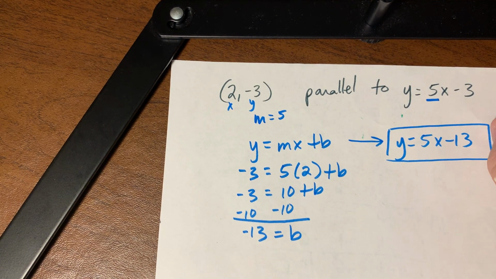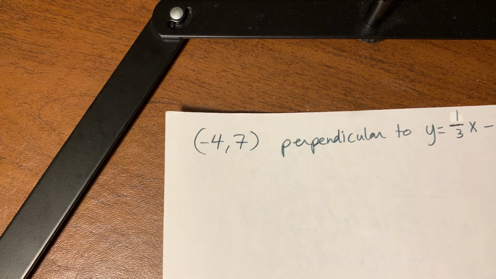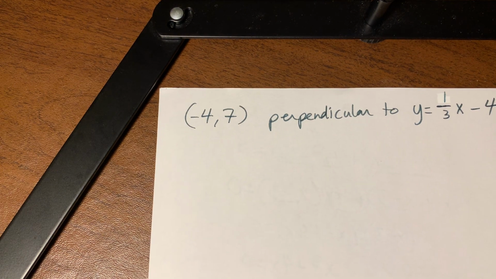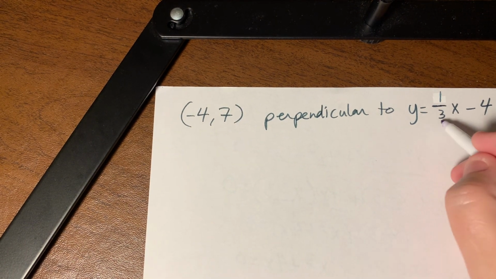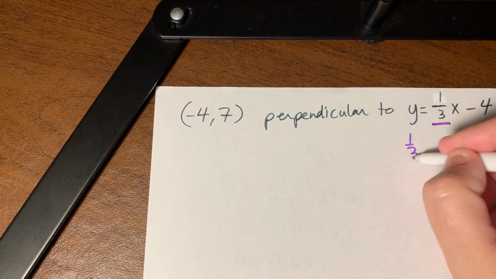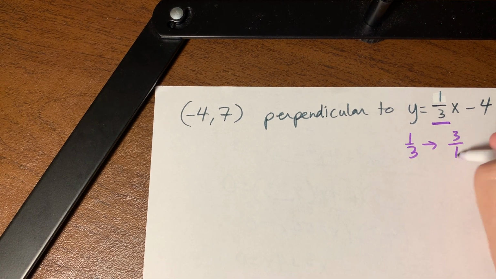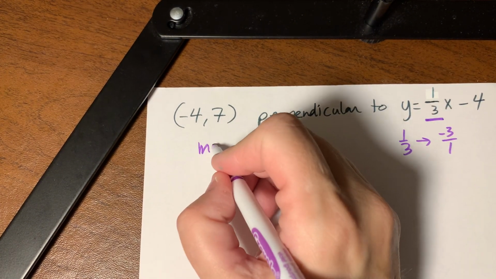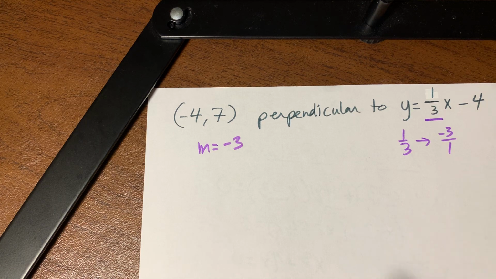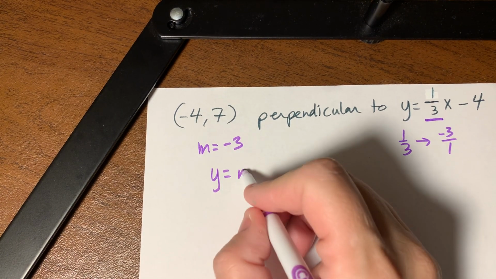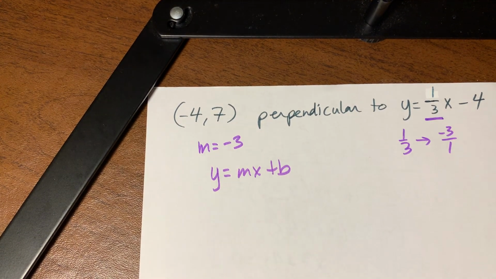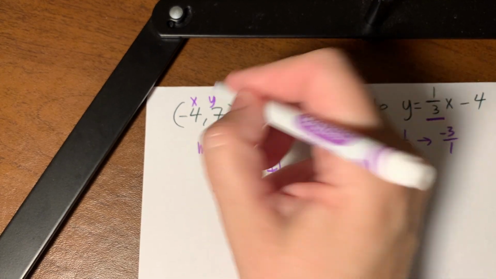Similarly, what if we had to write an equation of a line that went through a certain point and was perpendicular to another? The slope here is 1/3. I need to flip it and change the sign. So my slope is -3. Y equals mx plus b here. Remember, this is x and y.